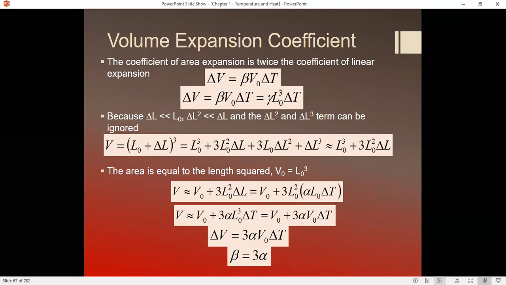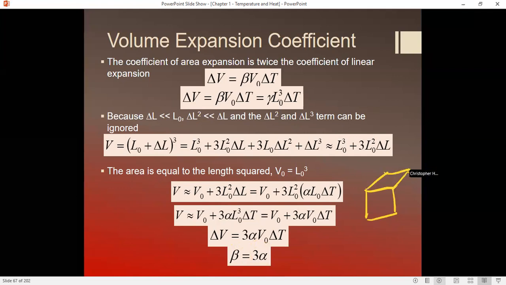And again, you can go through the math for that too and show that the volumetric expansion coefficient is 3 times alpha.